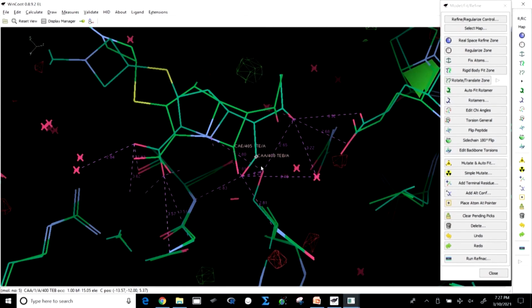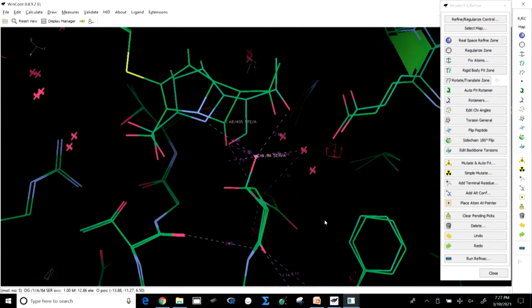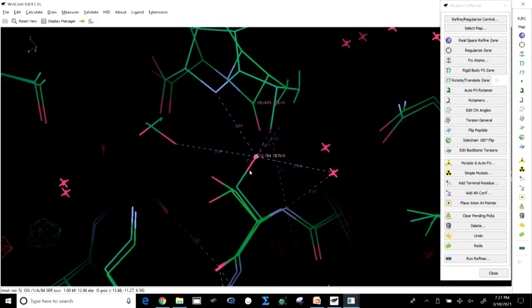Now, this is very close to the serine. So very interestingly, if you note here, there are 3 serines you see. One serine belongs to the covalent bond.